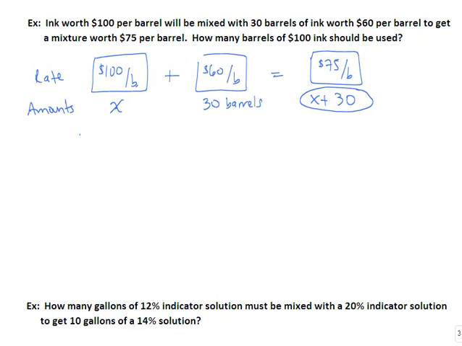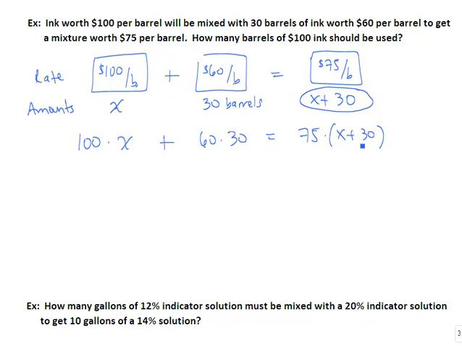So the first rate is 100 times the first amount, which is X, plus the second rate is 60 times the second amount, which is 30. The final rate was 75 times the final amount, which was X plus 30, and we want to make sure we wrap that in parentheses so that we do 75 times that entire quantity.